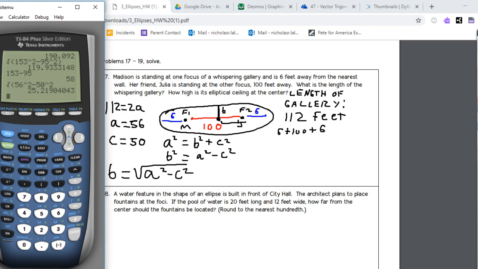So B is equal to 25.21 feet. And that's B. That is the height of the ceiling right there. So the height of the ceiling is the vertical semi-minor axis of the ellipse.